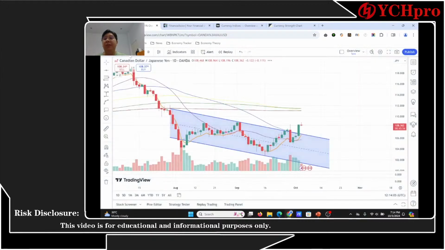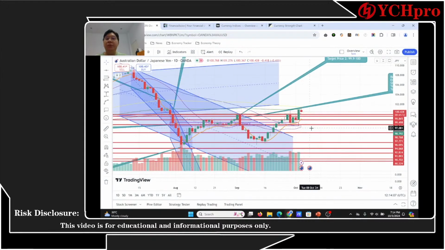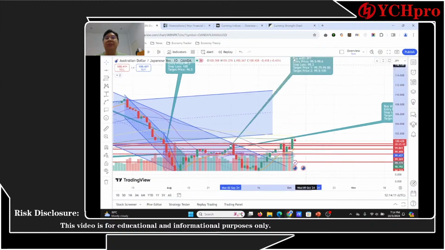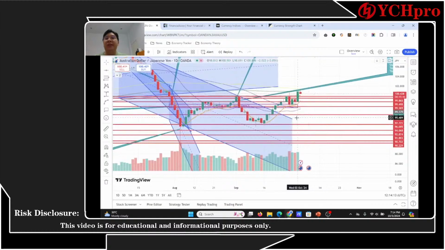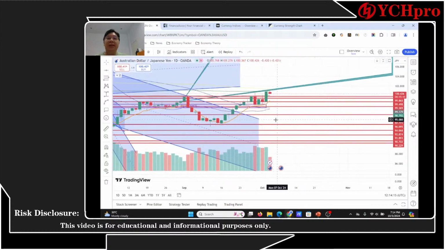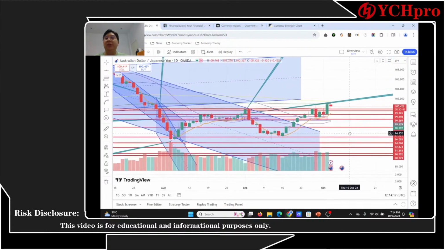Australian dollar, Japanese yen, it's also showing us that same trend, and even on the Australian dollar, Japanese yen has been actually going faster and higher than the ones, as you guys could have seen on the US dollar, Japanese yen, GBP Japanese yen. CAD Japanese yen hasn't been moving that well, guys. Okay, so we are seeing that Australian dollar, Japanese yen could be breaking out faster against the other Japanese yen pairs.